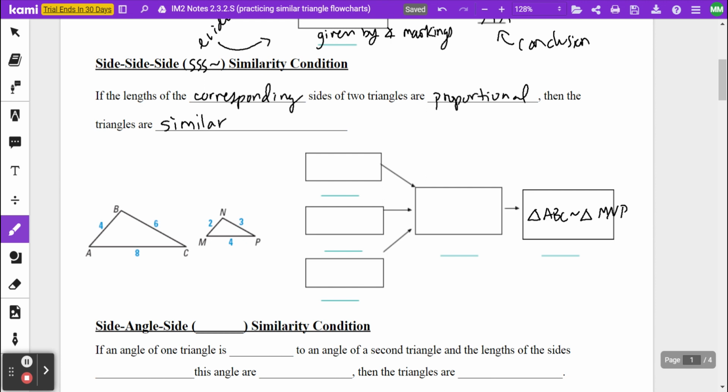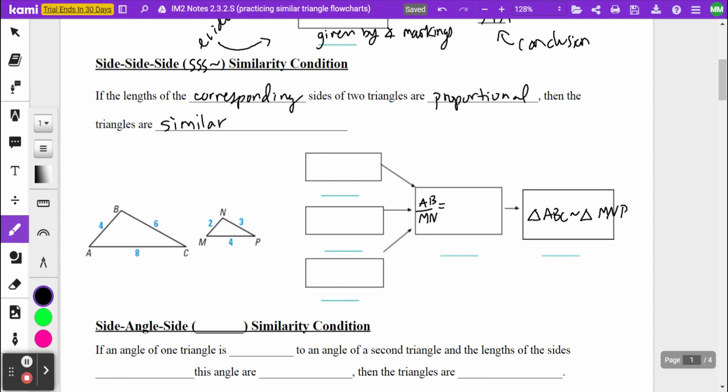If that's true, then AB over MN should equal NP over BC. Oh, I'm wrong. You have to keep the same triangle on top.